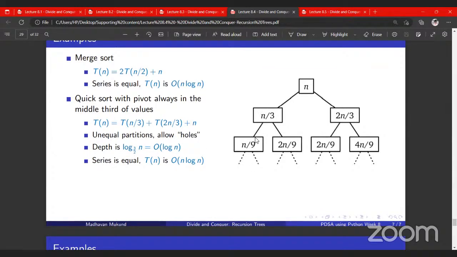Okay, one second. Which part will complete first and which part will complete late?